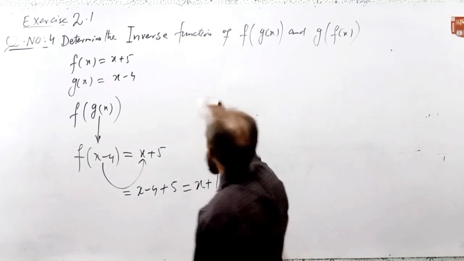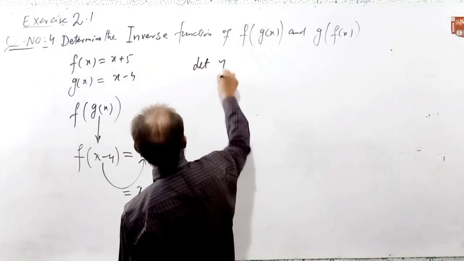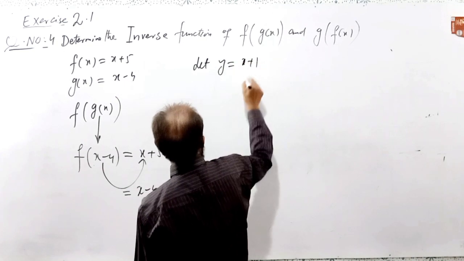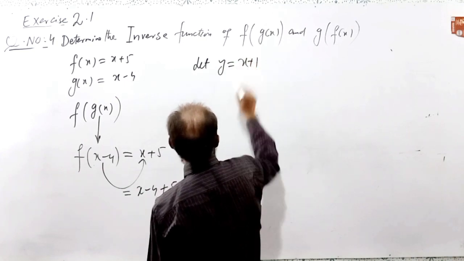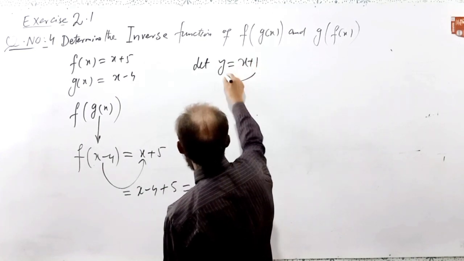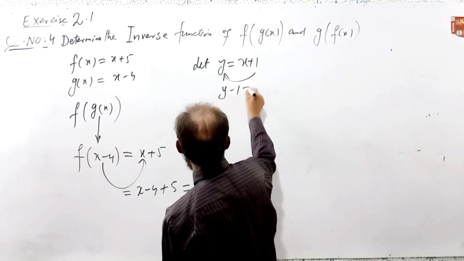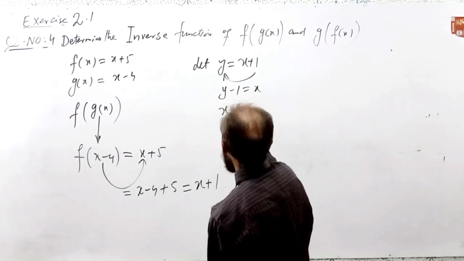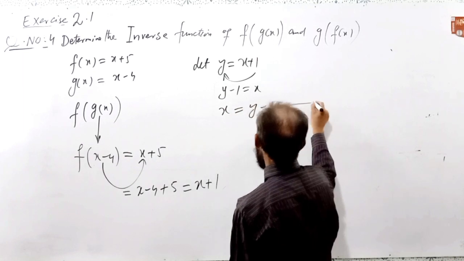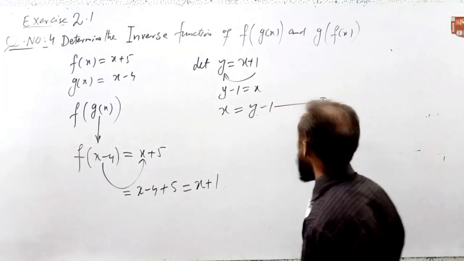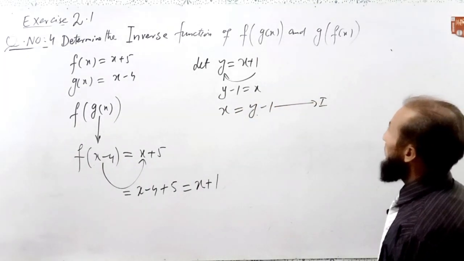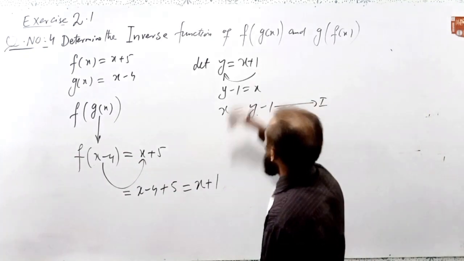Now consider this one. We let y be equal to x plus 1. X plus 1 means that if we change y here, y minus 1 is equal to x. X is equal to y minus 1. We call this equation number first. But we are required to find the inverse function.